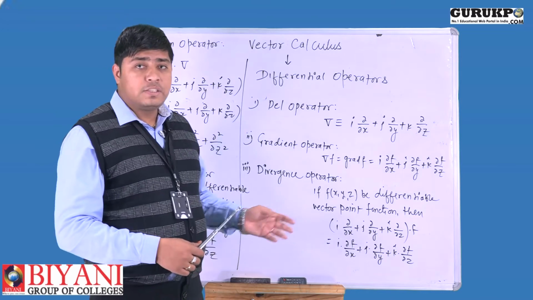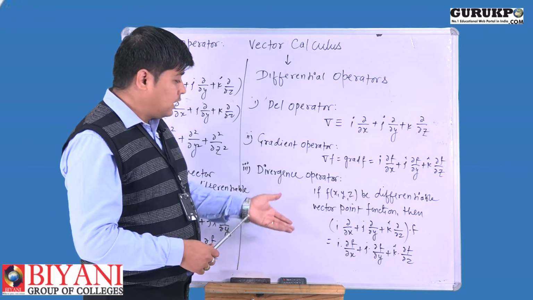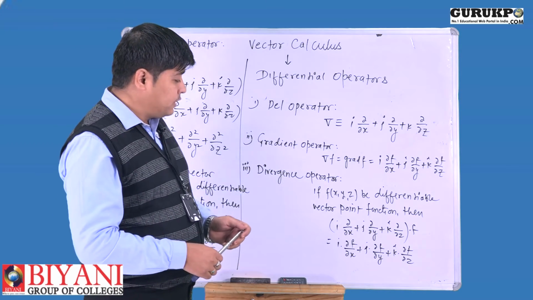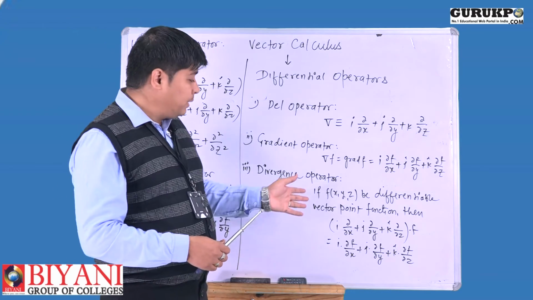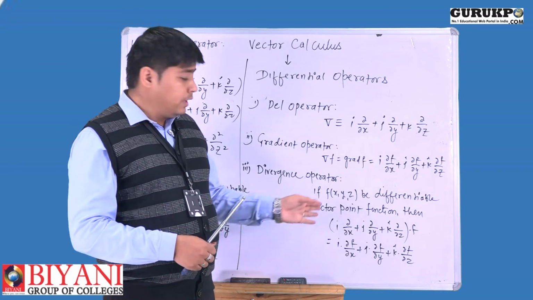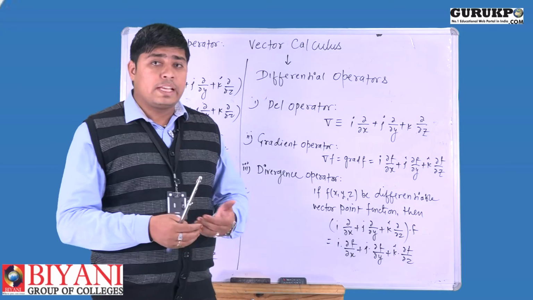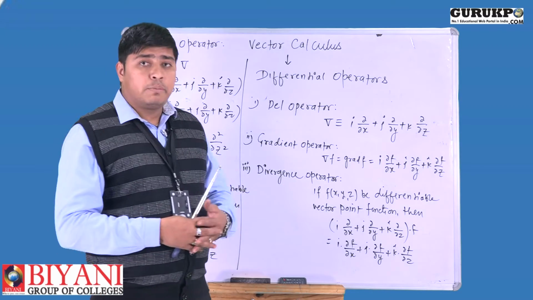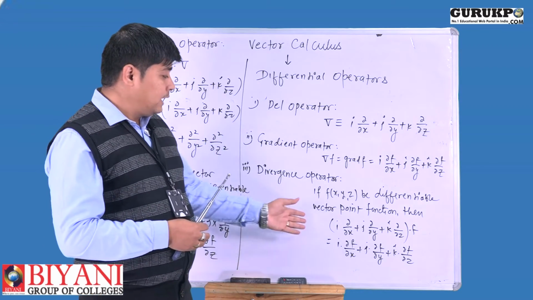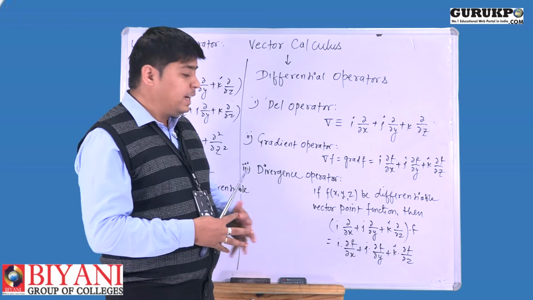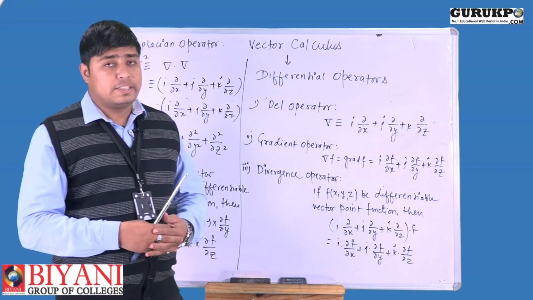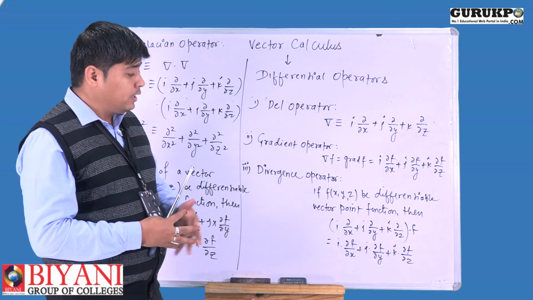Similarly, the divergence operator is also a form of differential operator. In mathematical form, if f, which is a function of x, y, z, is a differentiable vector point function, then the divergence is denoted by i del f by del x plus j del f by del y plus k del f by del z, dotted with f.